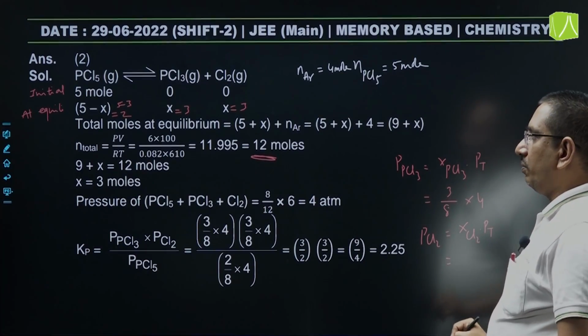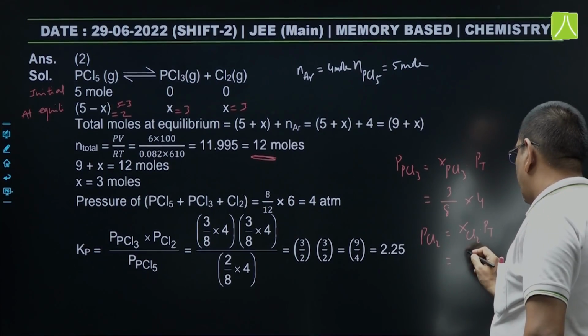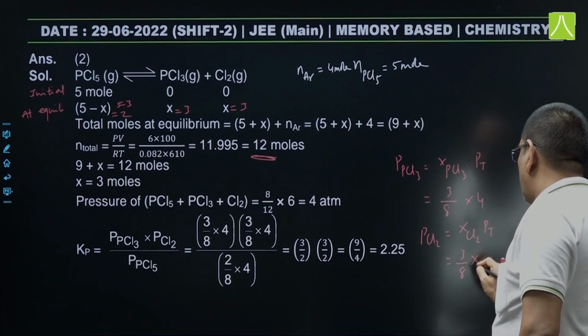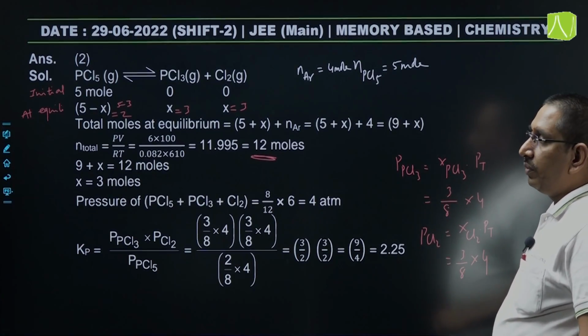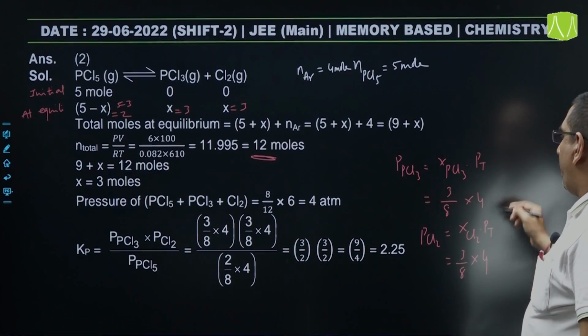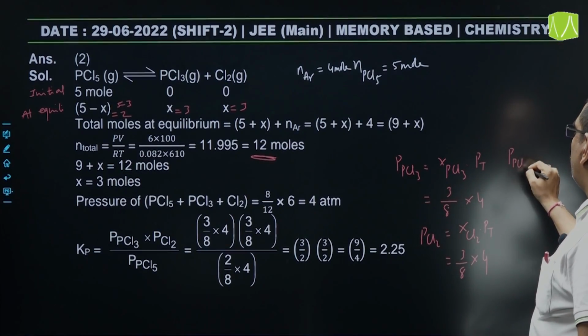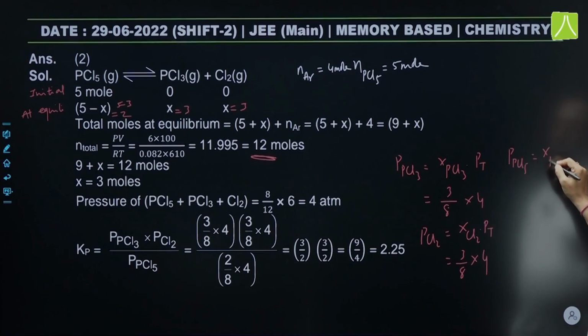Mole fraction of Cl2 is also same as PCl3, that is 3/8 into total pressure 4. Now, partial pressure of PCl5 equal to mole fraction of PCl5 into total pressure.